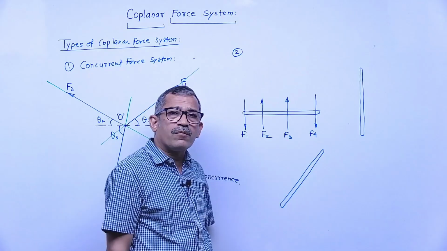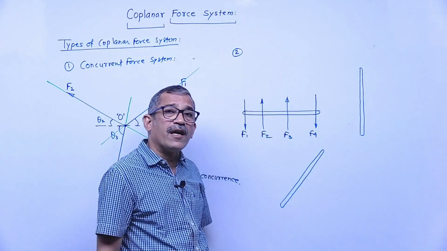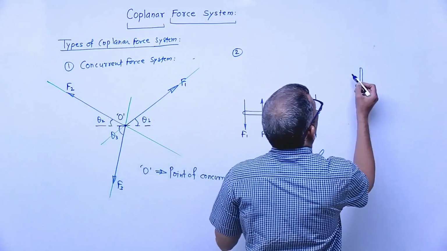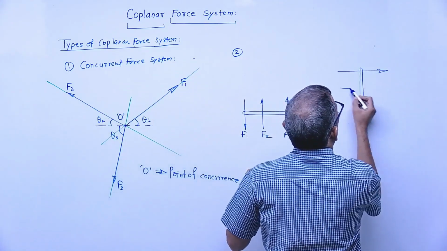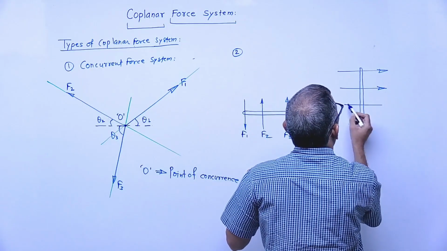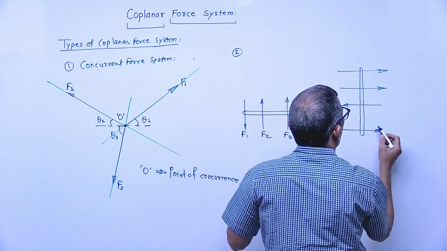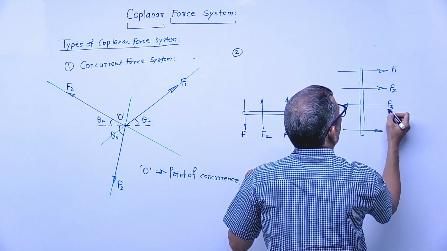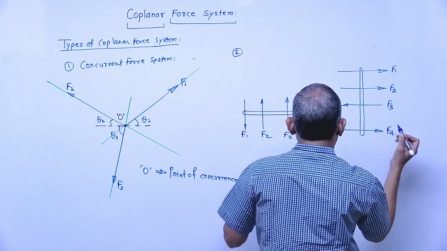F2 vertical, F3 vertical, F4 vertical. Lines of actions of all forces are vertical means what? They are parallel to each other. In this case, lines of actions of all the forces are horizontal means what? Again parallel to each other, F1, F2, F3, F4.